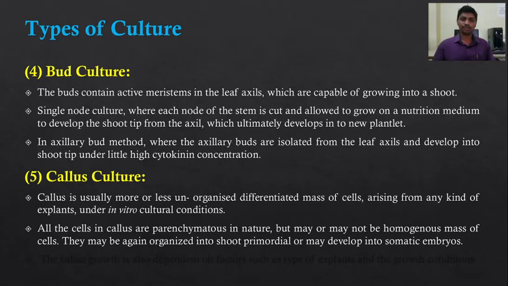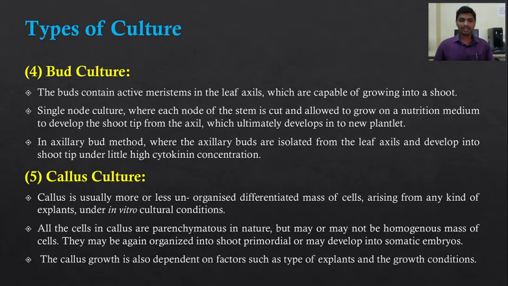The callus growth is dependent on factors such as the type of explant and the growth conditions. Here an undifferentiated mass of cells has been obtained when using any kind of explant under in vitro cultural condition. Such unorganized mass we call the callus. From callus, the whole plant regeneration is carried out in two ways.